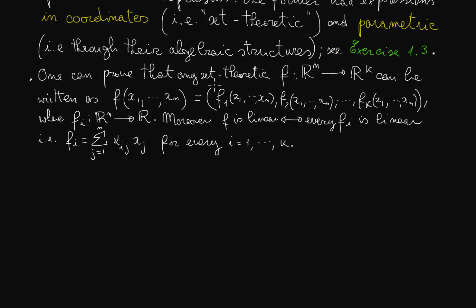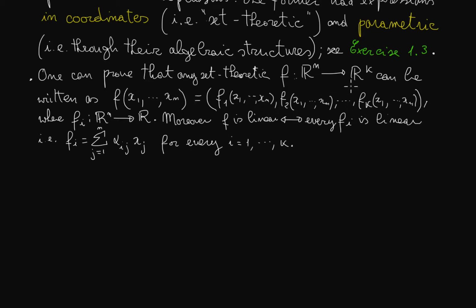One can prove that any set-theoretic map from R^n to R^k can be written as f applied to a generic vector in the domain, given by the coefficients x1 through xn, equals this k-tuple of functions: f1 depending on x1 through xn, f2 depending again on x1 through xn, and so on up to fk. Each of these functions gives the coordinates of the images of f.